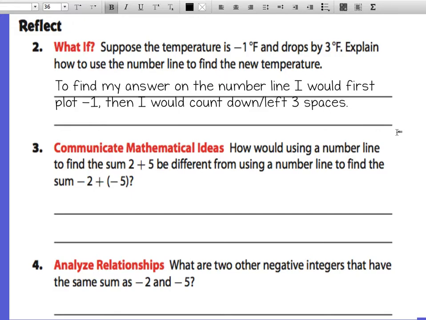How would using a number line to find the sum 2 plus 5 be different from using a number line to find the sum -2 plus -5? So again, take a second, think about it, come back and check your answer.